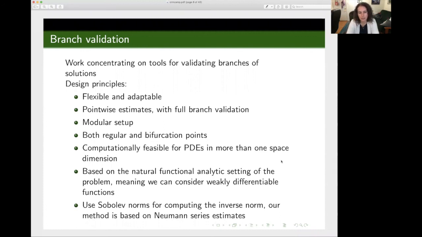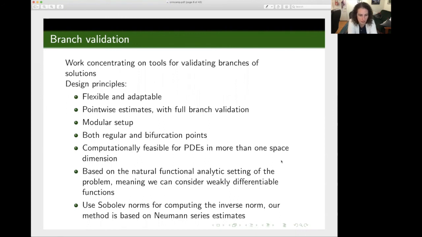The idea of the Sobolev embedding is that this should be computationally feasible in more than one dimension. And then finally, in this setting, we're able to consider weakly differentiable functions rather than having a smoother assumption on the set of solutions.